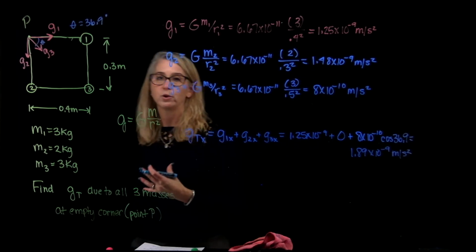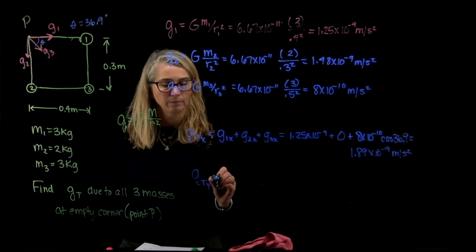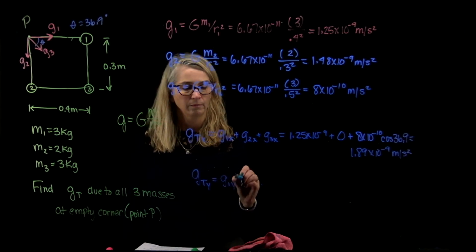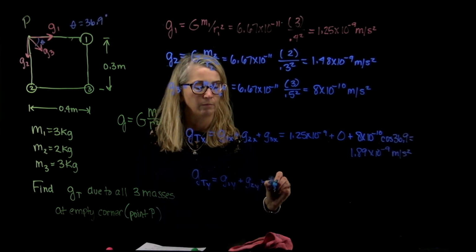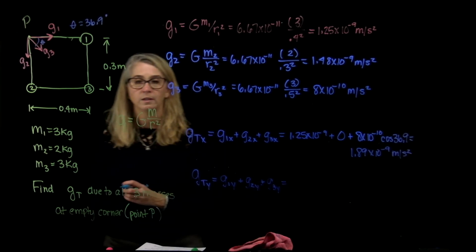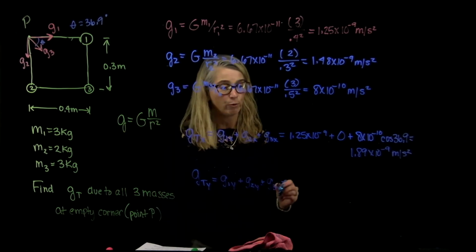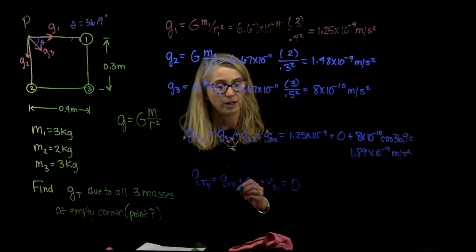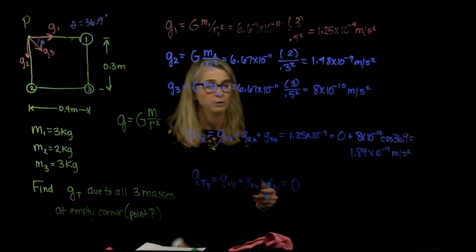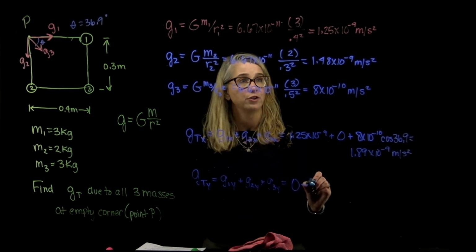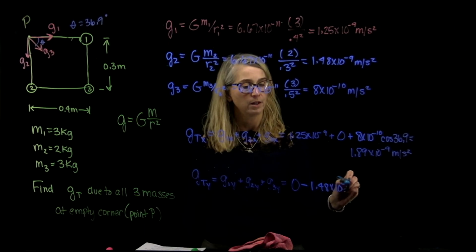Now I'm going to find the total y component. G1 doesn't have a y component because that was all in the x direction. But remember, G2 was strictly down, so its y component is just minus 1.48 times 10 to the minus 9.